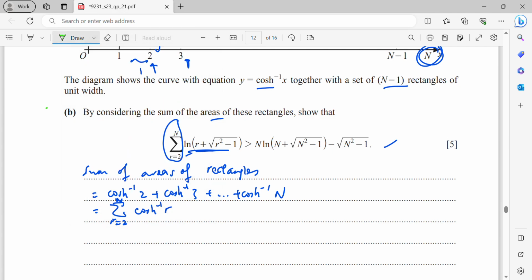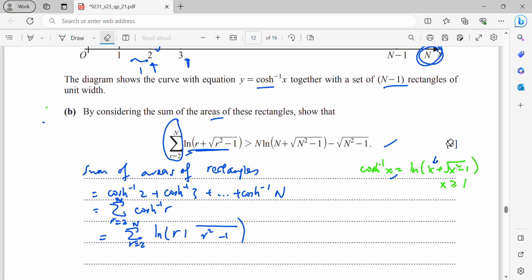For the formula, inverse cosh x is ln of x plus square root of x squared minus 1, whereby x is greater than or equal to 1. So I'm going to replace it now. It will be summation r from 2 to n of ln. Now I will replace x with r, because I have written down here inverse cosh r. So ln of r plus square root of r squared minus 1.